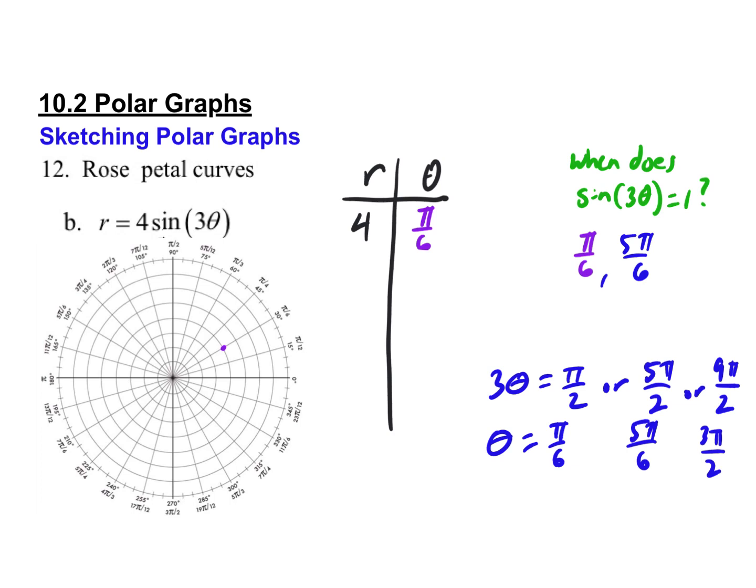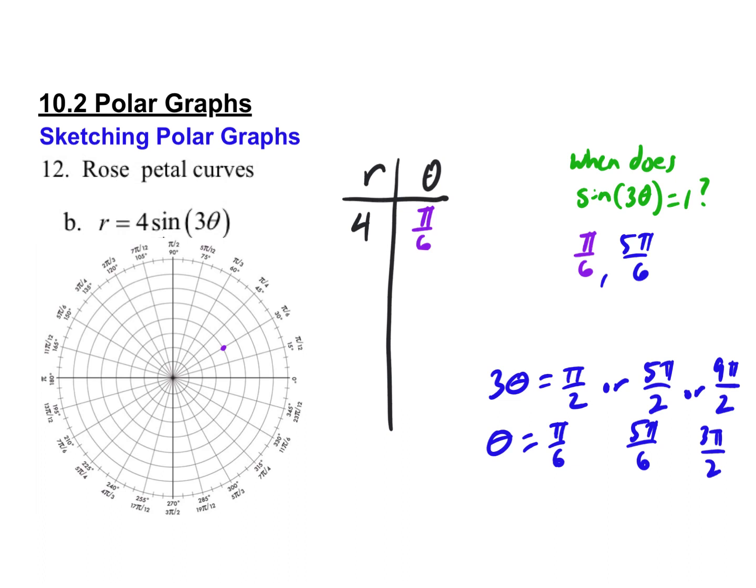Okay. So when you have that number, that's how those different petals are created. That's what this 3 does to the theta. It forces us to rotate around that many more times and then divide that number by 3 to keep it between 0 and 2 pi.